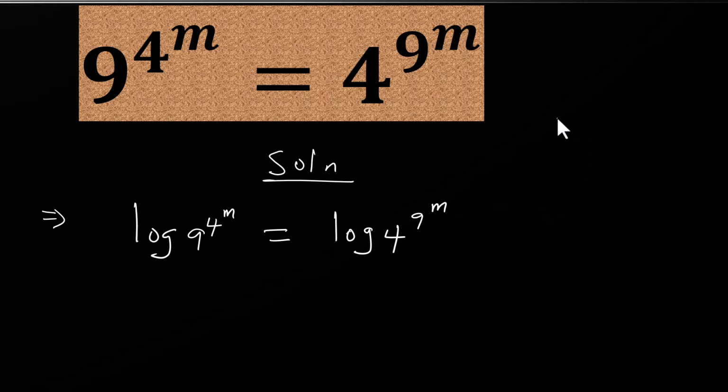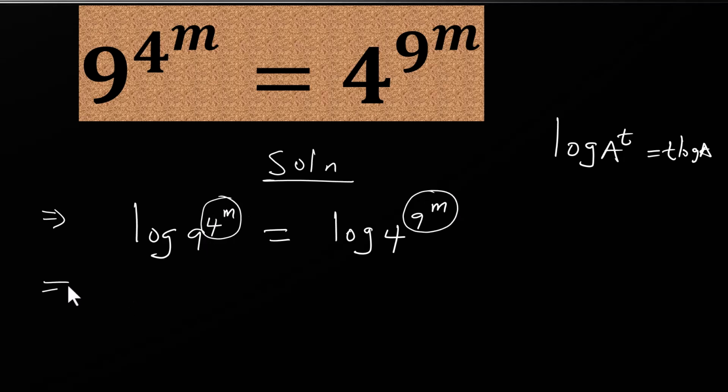Now when you have log a to the power t, it is the same as t log a, so 9 to the power m and 4 to the power m will come down.